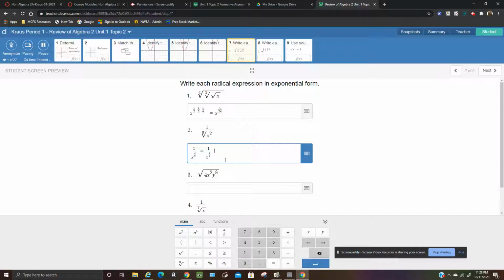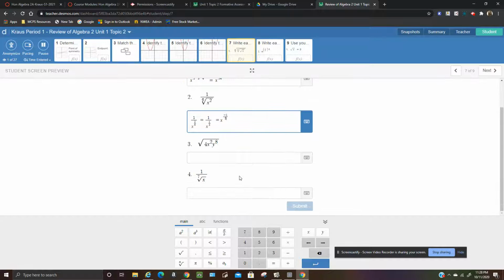Or you could write it x exponent negative 1/3. So either of these two answers I would accept.